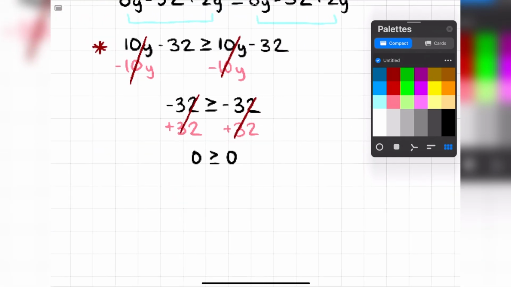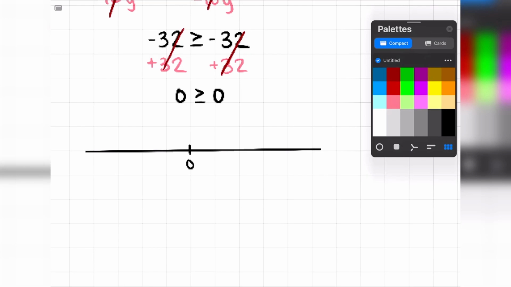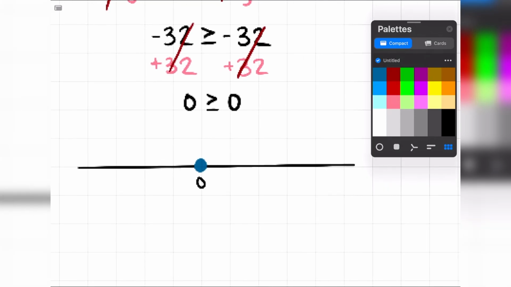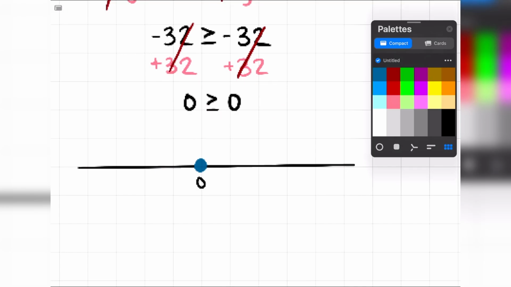Now, what do you do here, right? How would you graph this? If I had a graph out here and I had 0, well, it's not less than, right? And 0 can't be greater than 0, but it is equal to 0. That's your answer. When you get something like this, where it's the exact same number on both sides and it has the equal included, that means that all real numbers is the solution.